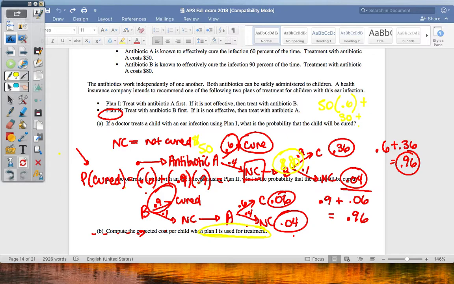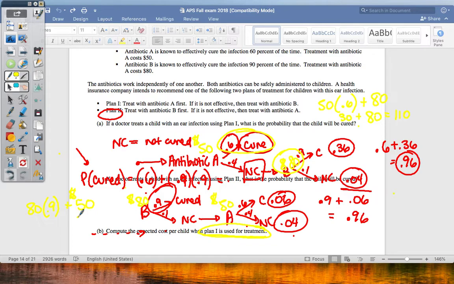I can either be cured here and I stop, or if it's not cured, I can add $80 to this, right? So as I look at this, I get 30 plus 80 equals 110, okay? Whereas below, I can pay over here $80, 0.9 of the time, or 90% of the time. Or I was just double checking myself, add $50, which doesn't matter whether I'm cured or not cured. Okay.